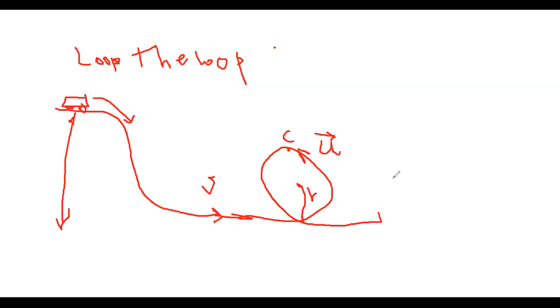Okay, so in this case you have the mass of this cart, and then you have the height of your loop-the-loop. Then at a certain point P, it will have a uniform velocity just to pass here, and when it reaches this point, it will go into velocity u, and then pass this circle, and you must determine the r. Okay, that is called the loop-the-loop.